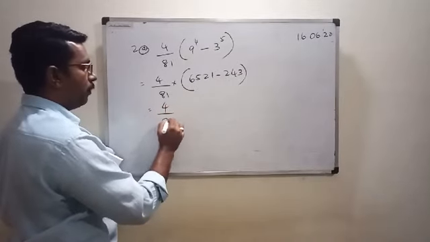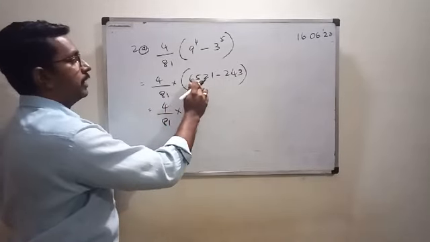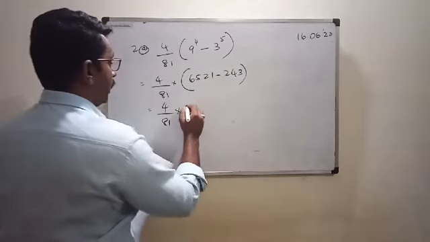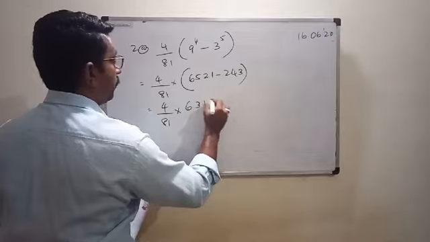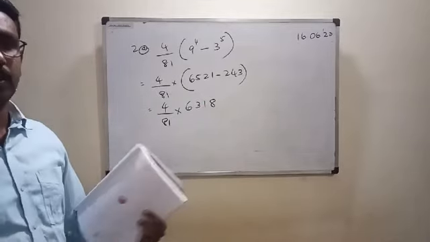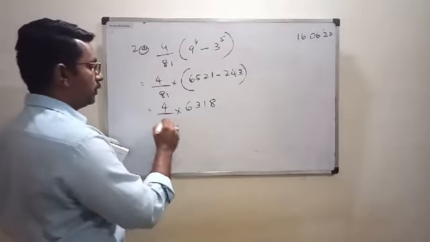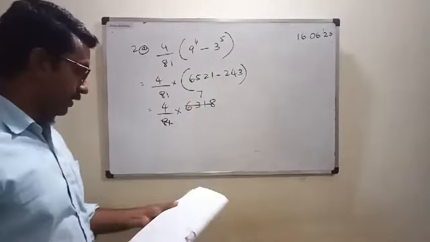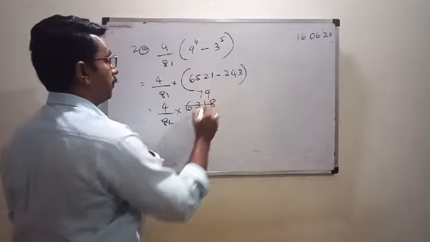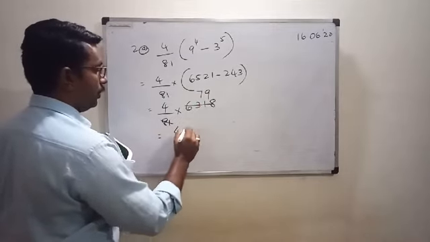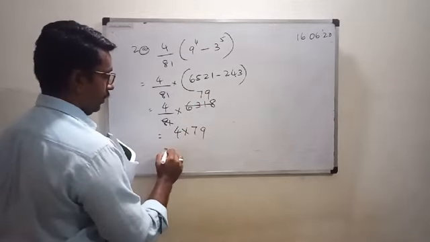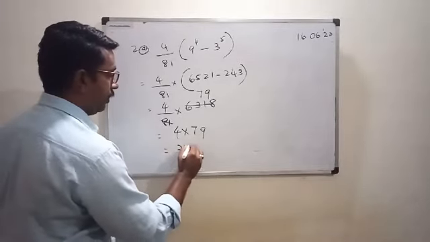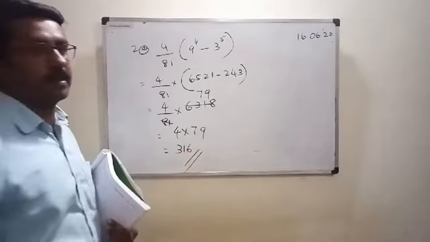Therefore, 4/81 into 6561 minus 243. The answer is 6318. These two can be divided by 9. It is how many times? 79 times. So 4 into 79, which is equal to 316. This is the answer.